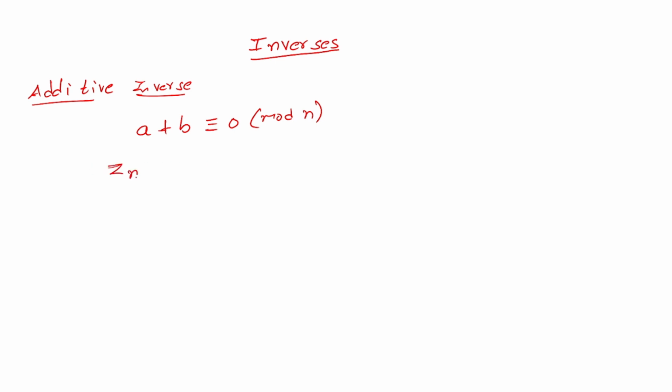So we need to take Zn. What is Zn? Zn means it is a set of values like 0, 1, 2 and so on, up to n minus 1. That is Zn.